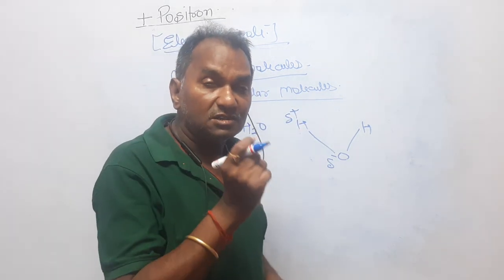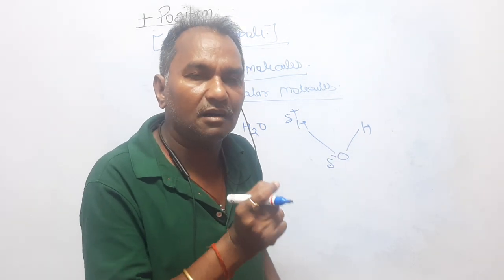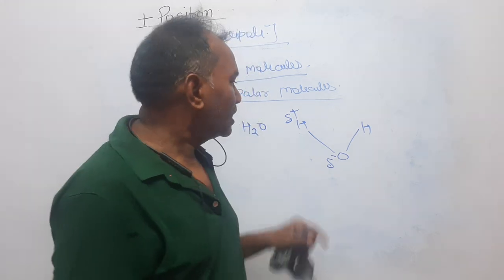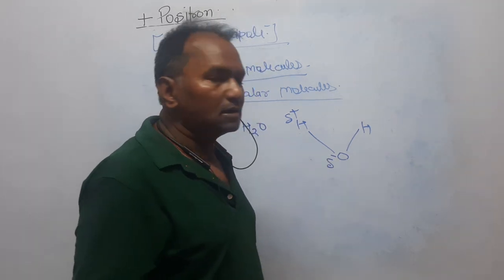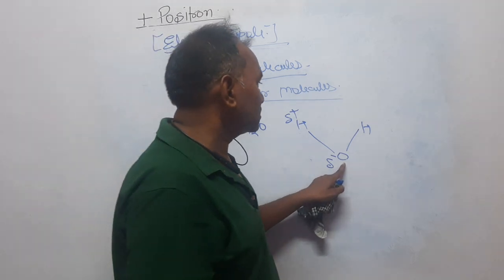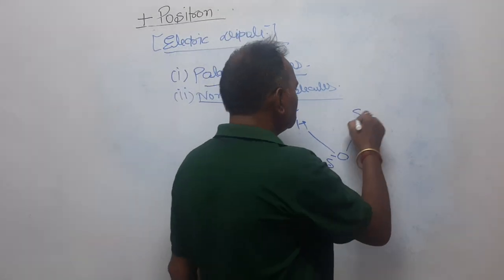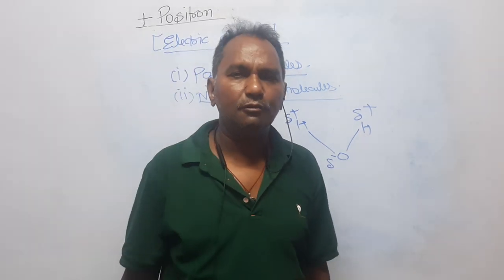The shared electron has been displaced a bit, attracted towards the more electronegative oxygen. That is why this gets some negative charge, whereas this gets some positive charge. In this way, this H2O molecule has been polarized.